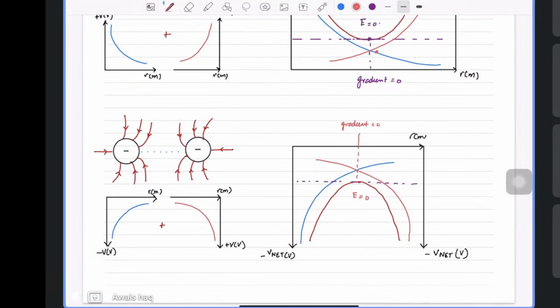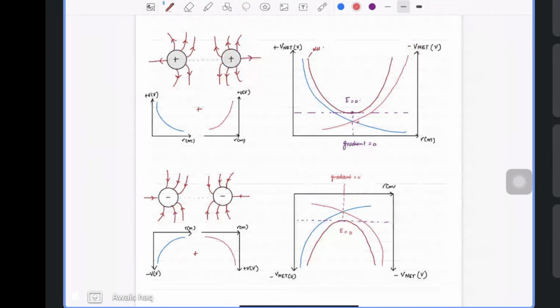From the diagram you might see that exactly at the center there is no field. So this point is the null point, and this is also the null point. That's why I wrote that a null point can only exist when two charges are like charges, because they are repelling each other.